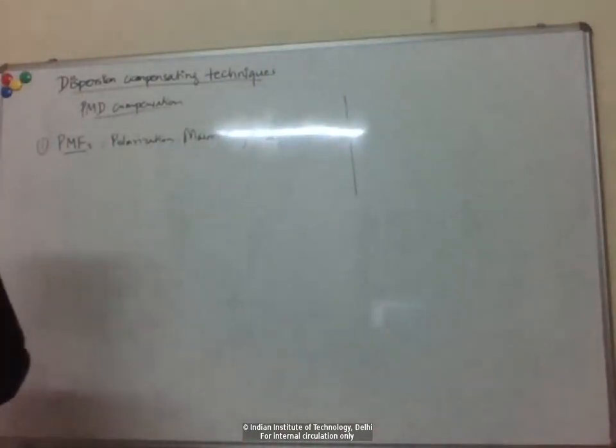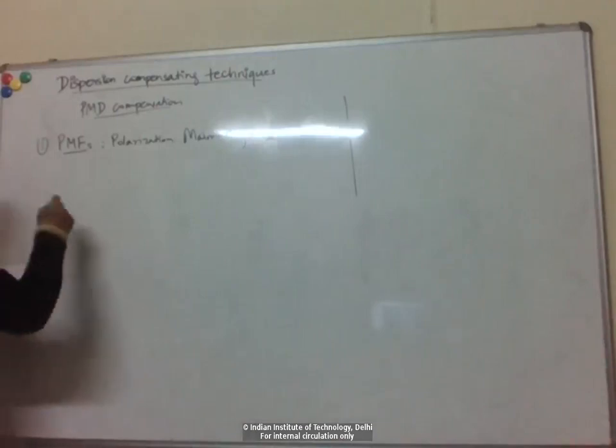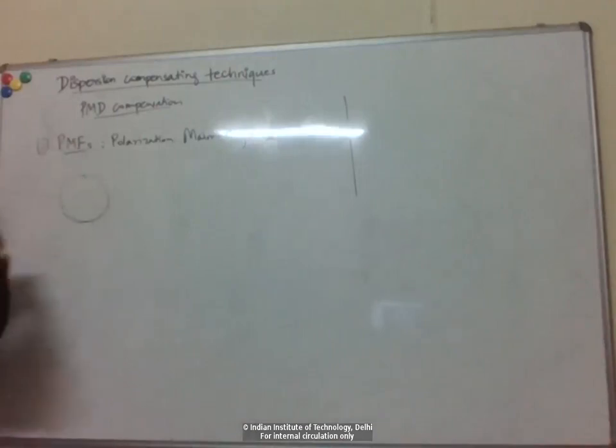Right. So basically, if you can use a fiber which just gets rid of that effect, then you can just eliminate PMD totally. So that is one brute force solution, right? So they have now a core which is not circular.